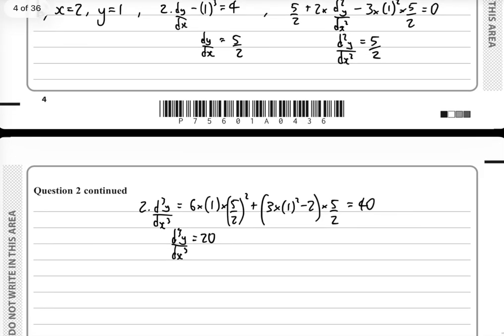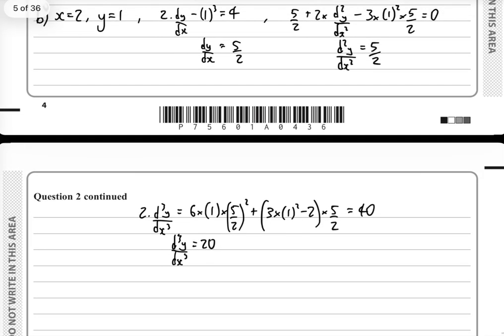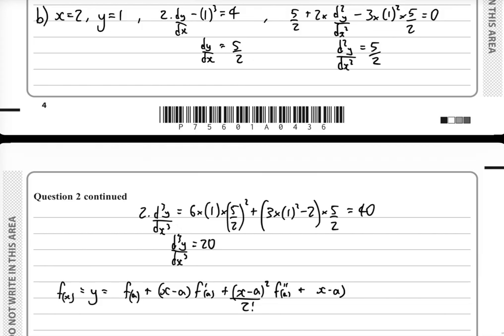Now I can put all of these numbers into the Taylor expansion, where f of x equals y equals the function at a plus x minus a, the derivative at a plus x minus a squared over 2 factorial, second derivative at a, plus x minus a cubed over 3 factorial, third derivative at a.